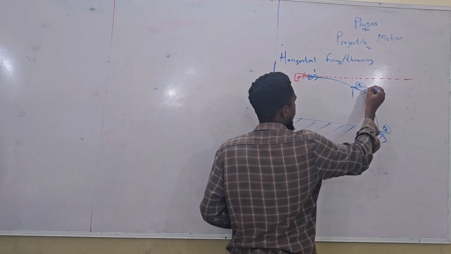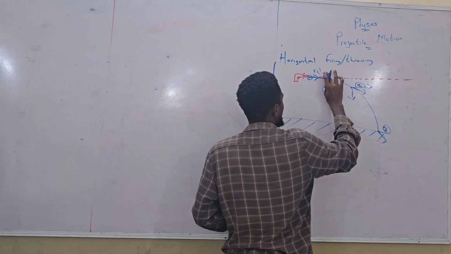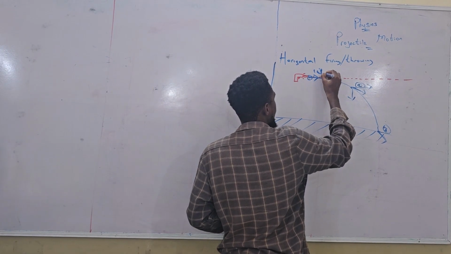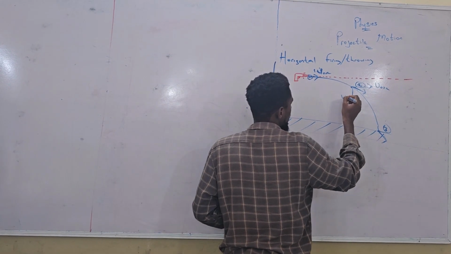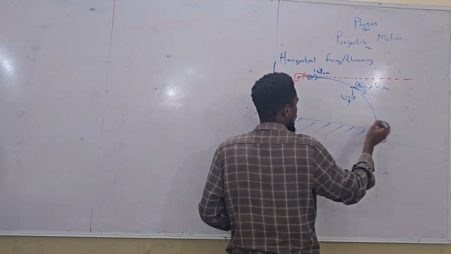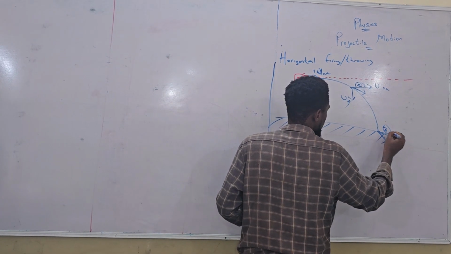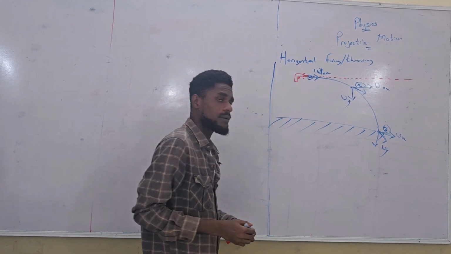So this is only Vx, or V naught of x, and then Vx and Vy.